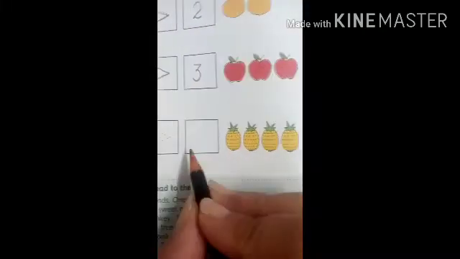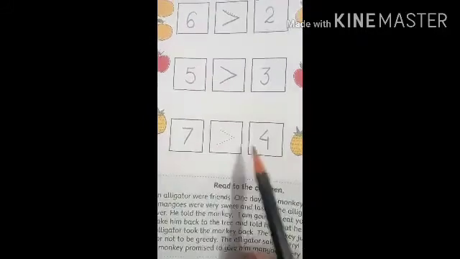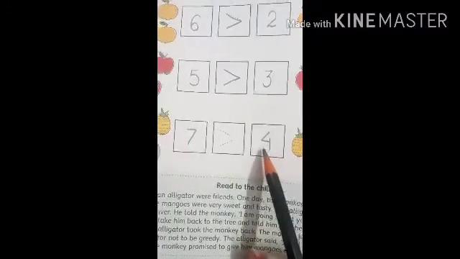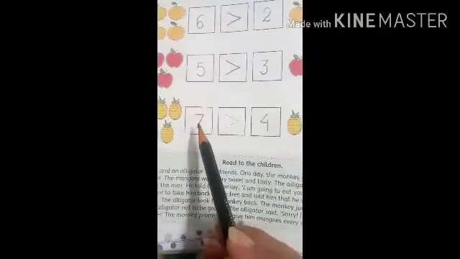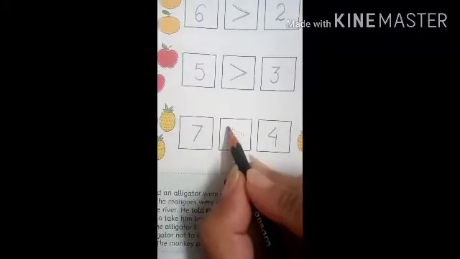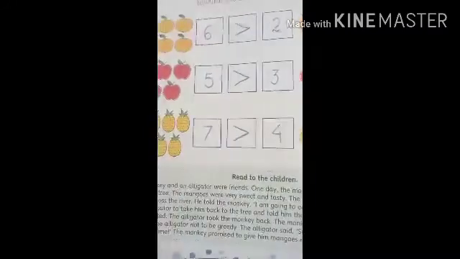How many are they? 1 2 3 4. There are 4 pineapples. Now let's compare them. 7 is bigger or 4 is bigger? This side is bigger or this side is bigger? 7 is bigger. So open the mouth this side. Okay.